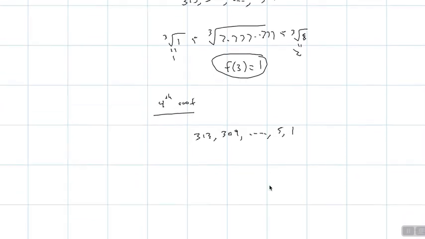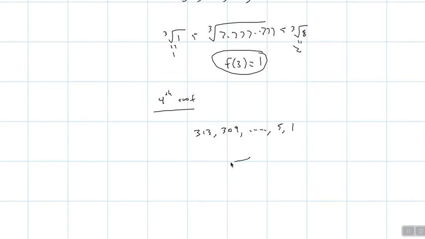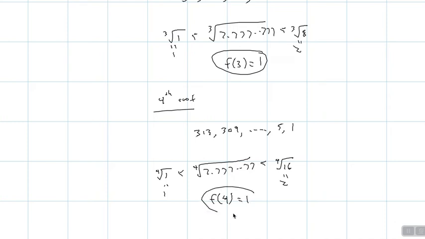So again, we'll end with 7.777, a 1-digit. The fourth root has the same leading digit as our original. This is in between 1 to the fourth root and 16 to the fourth root, which is 2. It's equal to 1. So f of 4 is equal to 1.